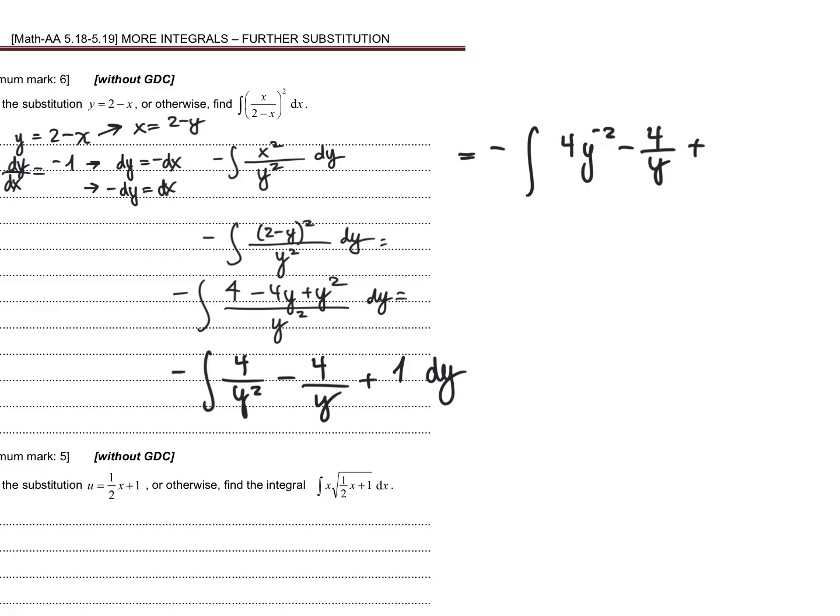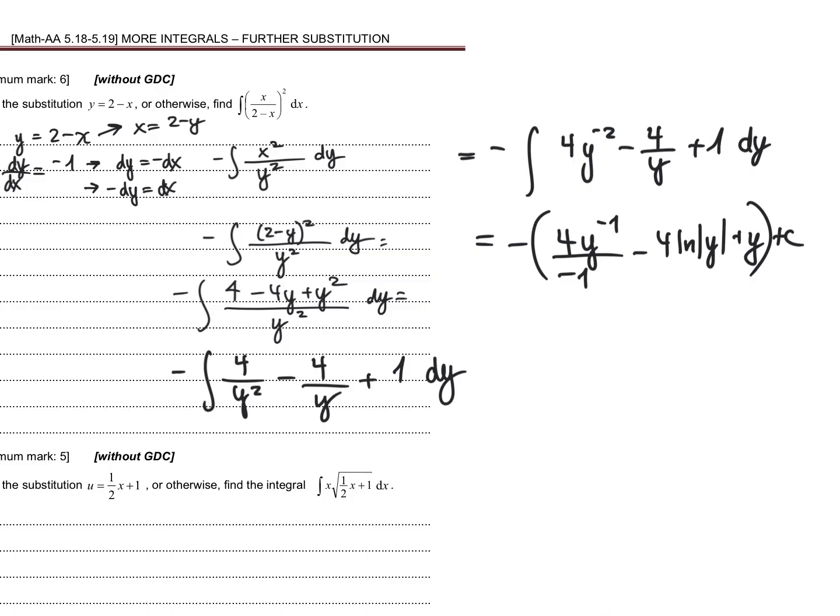So now we're going to have negative 4y to the negative 1 over negative 1, minus 4 natural log y plus y plus c.